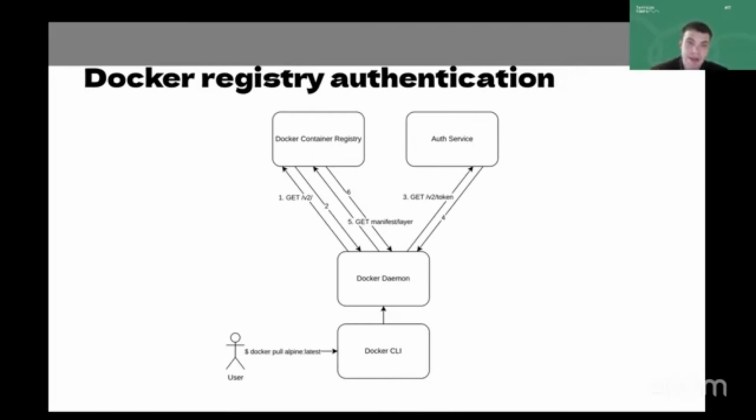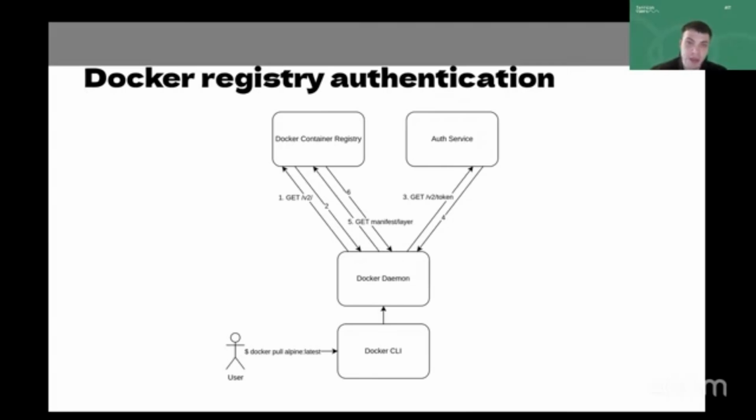First, the client initiates a push or pull request to the registry. Then, if authentication is needed, the registry responds with an unauthorized status, providing details on how to authenticate. Third, the client then requests a token from the authorization service.